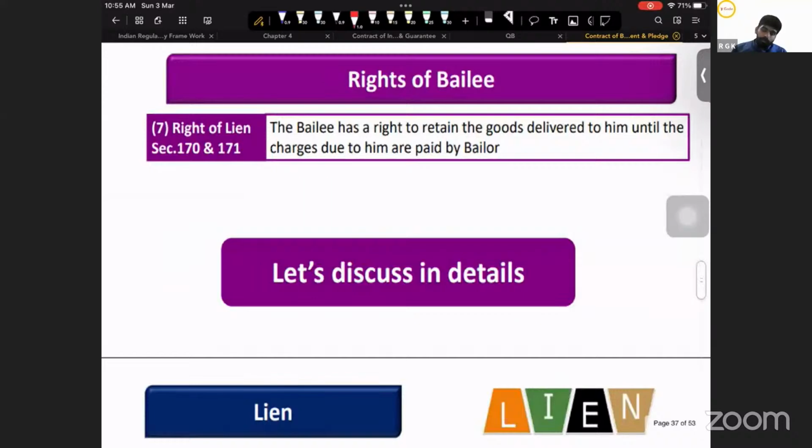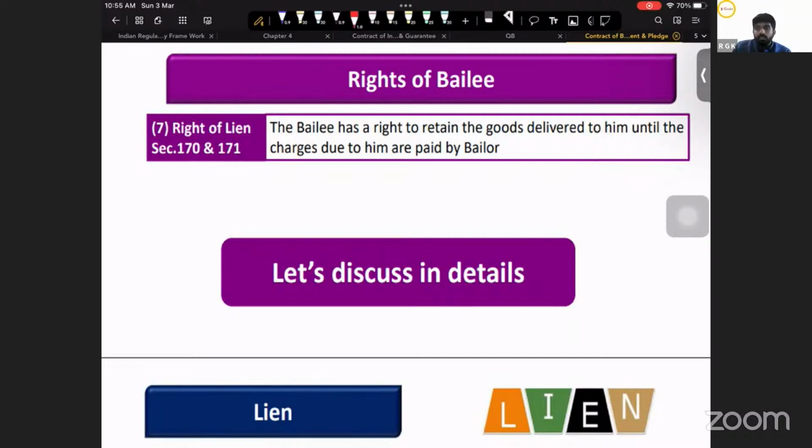The last right of the bailee to be discussed is the right of lien. We have come across this word lien in the Sale of Goods Act, when we discussed its provisions. Now, what exactly do we mean by lien? Lien means the right to retain some other person's property.